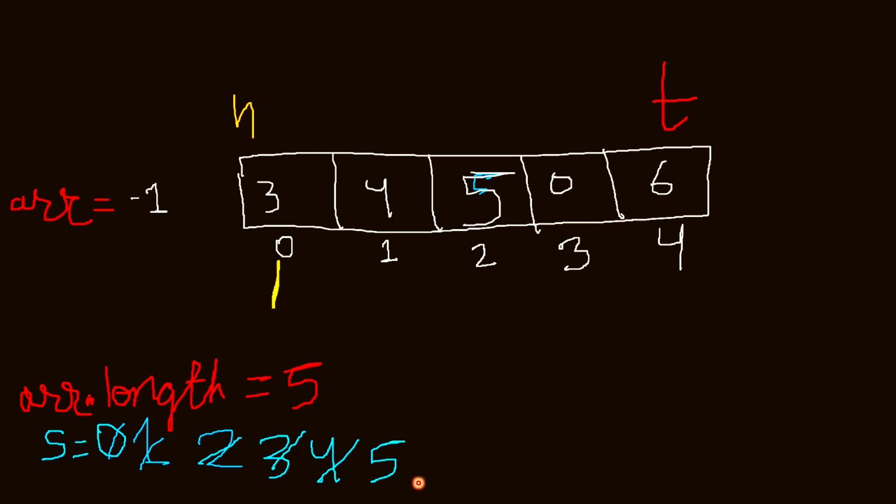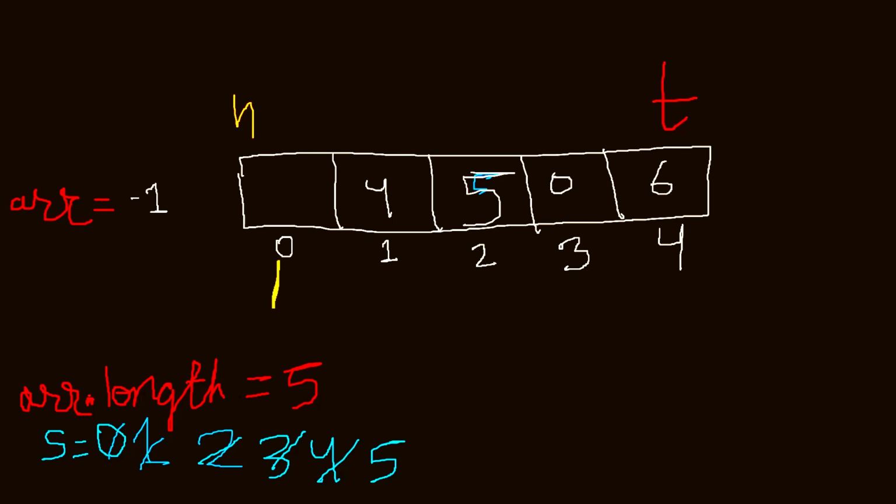So let's remove an element. You know that the element will be removed from the beginning, from the front. When we remove, the head will move from 0 to 1.